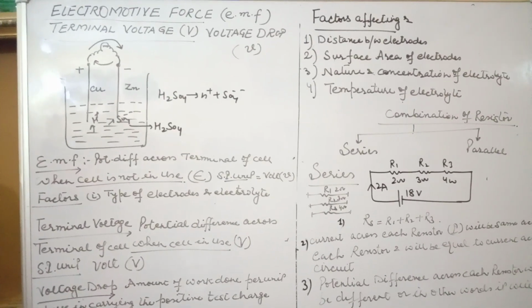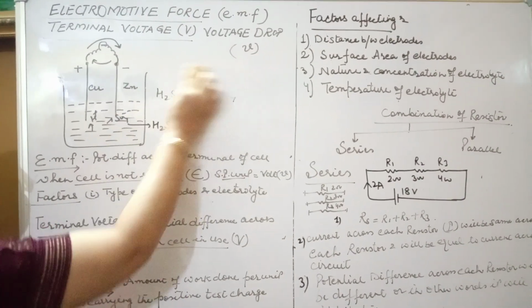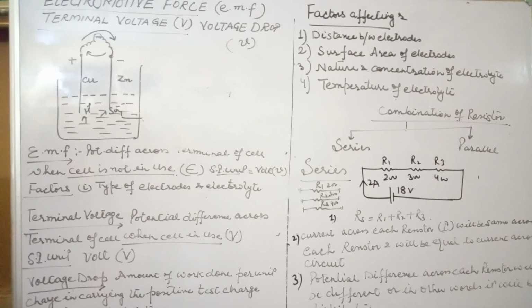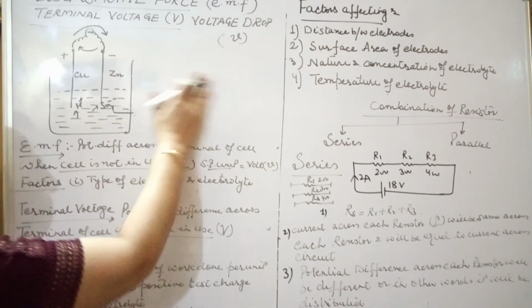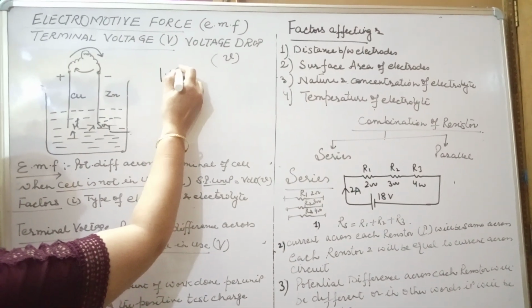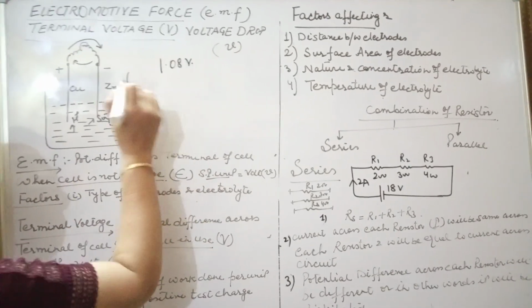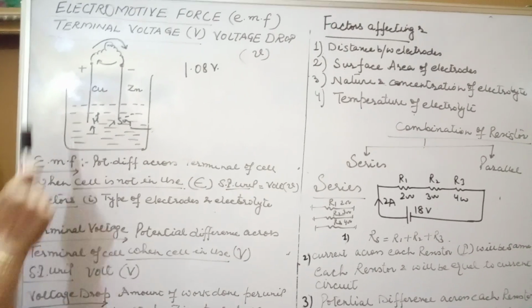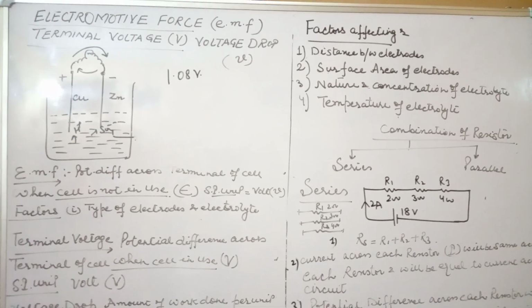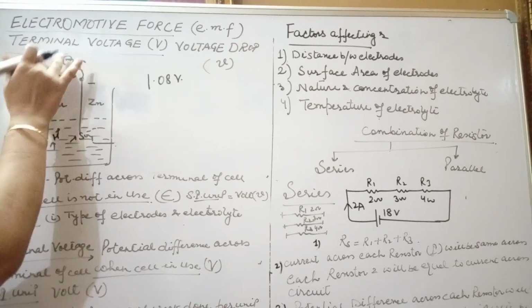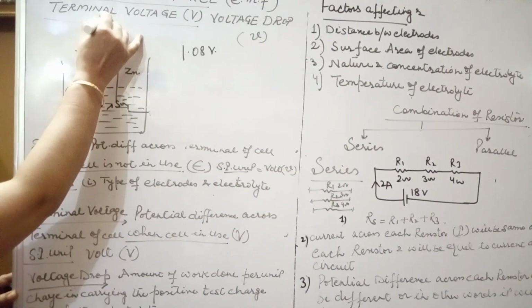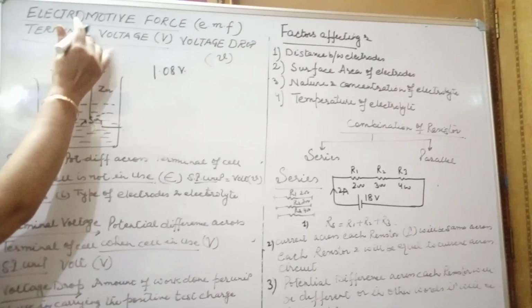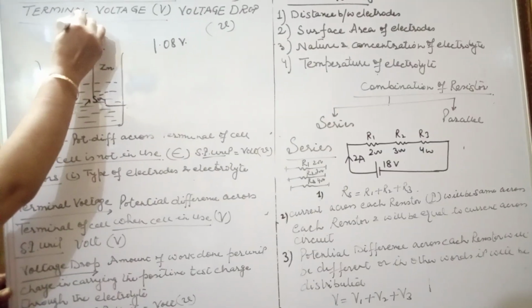I will give you a simple example. Suppose you bring one cell from the market, a simple voltage cell or dry cell, and on the cell is written 1.08 volt. When you connect that cell in a torch with the bulb of the torch, suppose you connect a voltmeter to measure the voltage across the bulb.